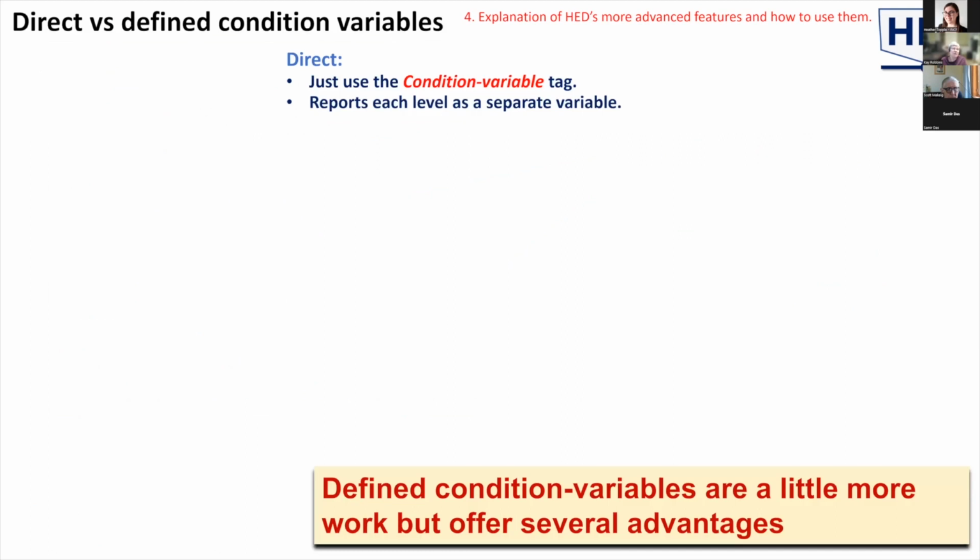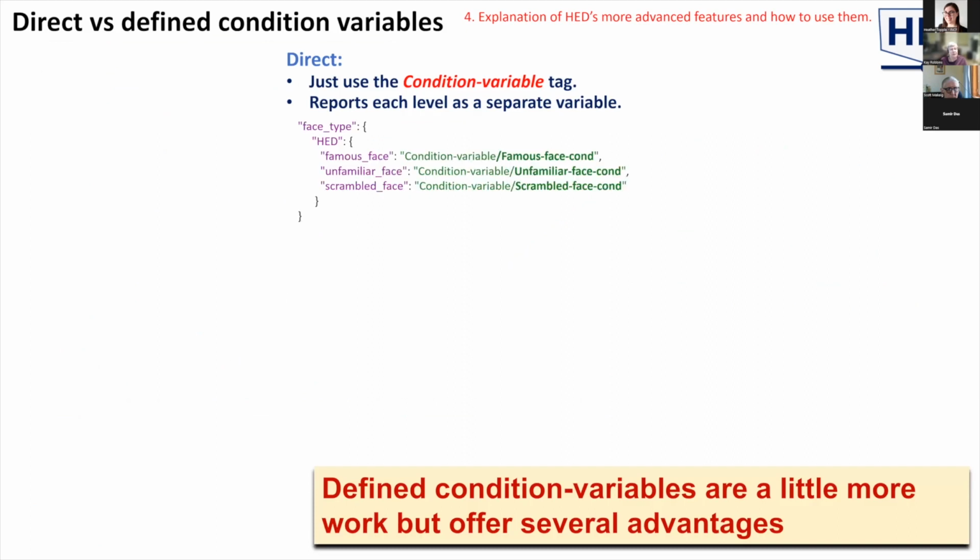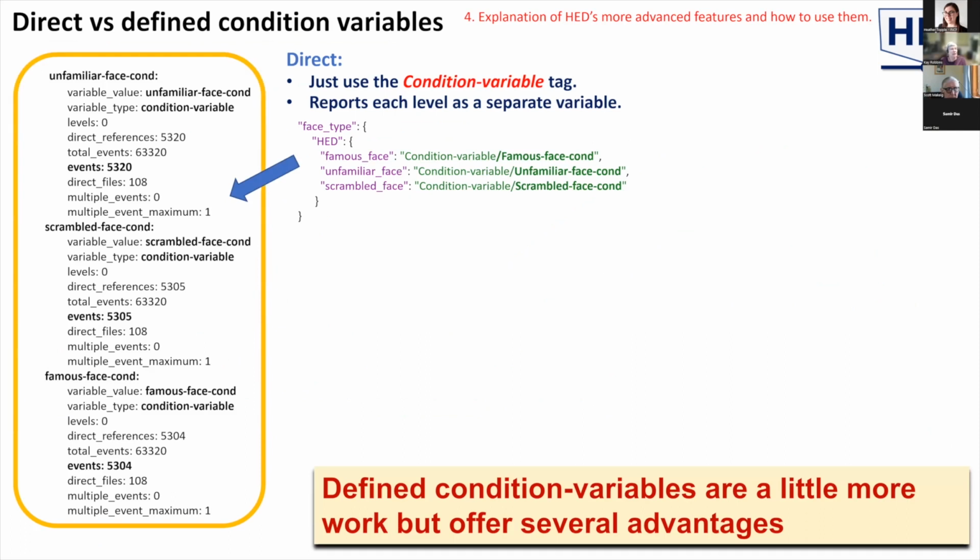So in direct, you just use the condition variable tag and reports like this. And we have automatic summary tools that will summarize a data set from the JSON files and whatever HED tags you provide in there. And this is what the summary for condition variables looks like for that data set.